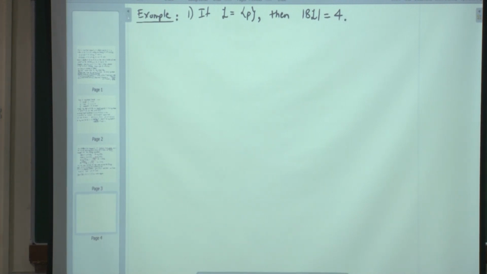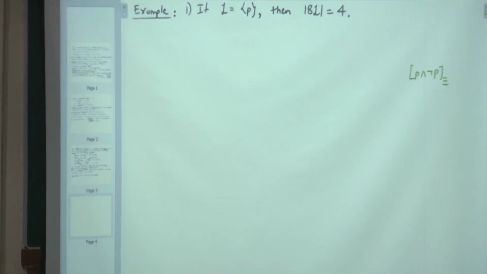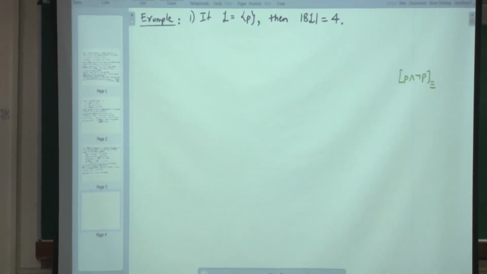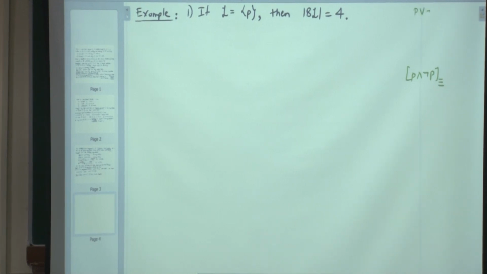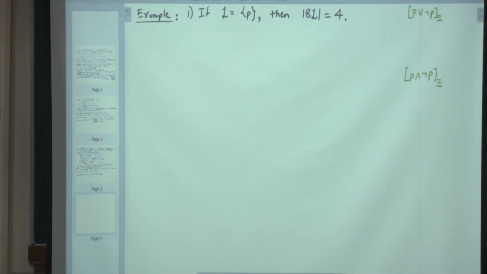Right, so let me draw that picture. The bottom one is of course the class of a contradiction. Then the top one is the class of a tautology. And what are the remaining 2 classes? The class of P and the class of negation P.